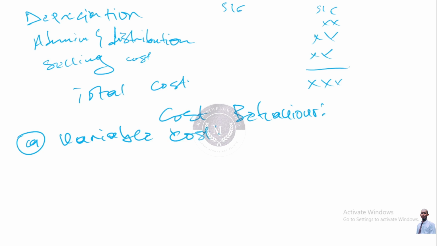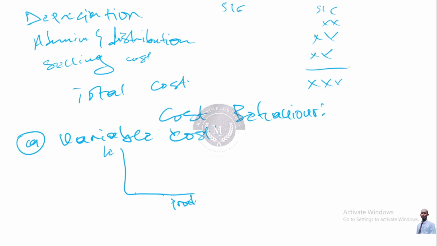Variable costs are costs that vary with the level of activity, right? From our previous example, we are producing watch. We want to know our variable cost. So this is our production because we are producing watch, and this is our loans.